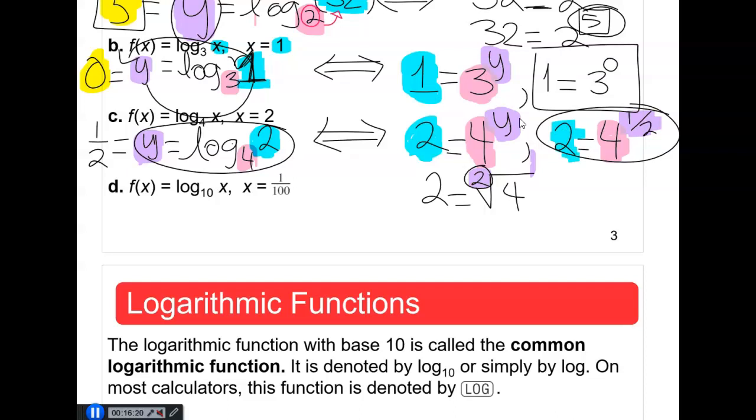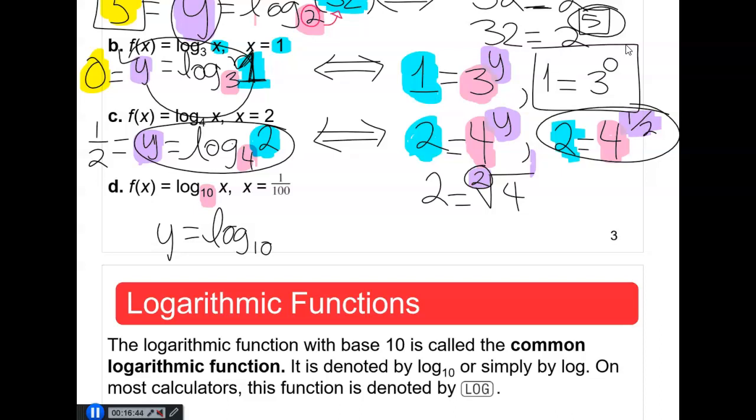Okay, next one. Now here we have the base 10. So the 10 is there, but it's not really required to be there. But here we have it. So we have log base 10 of x.